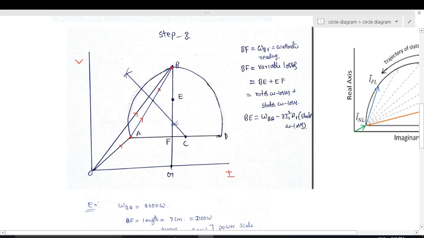From this more than half, with A as a center, draw an arc, and with B as a center, cut the same lines. So simply we should bisect the AB line. To bisect it, we cut the lines like this and join these two points.